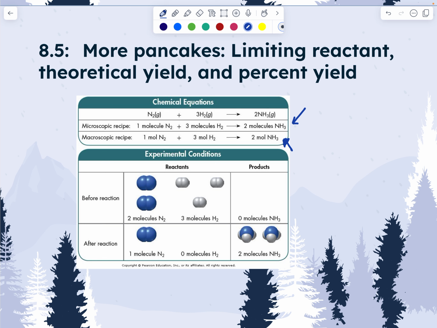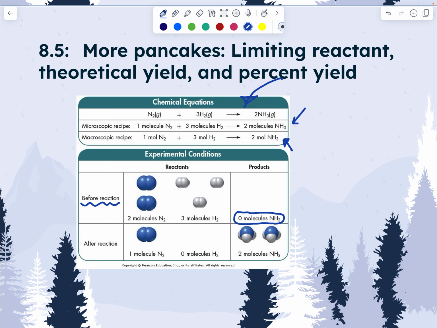If we look at the picture here, the chemical equation shows us the recipe, and this is how much we actually have there, these experimental conditions. You can see 2 molecules of nitrogen and 3 molecules of hydrogen. And of course, at the beginning, we have no molecules of product, because we're talking about the beginning of this reaction.